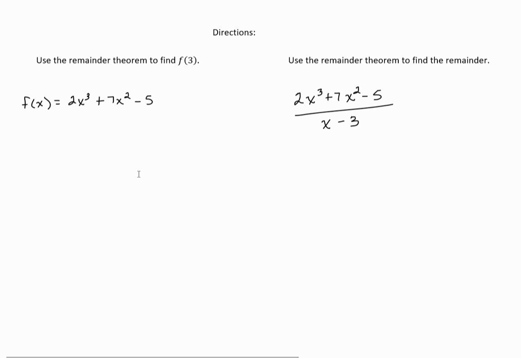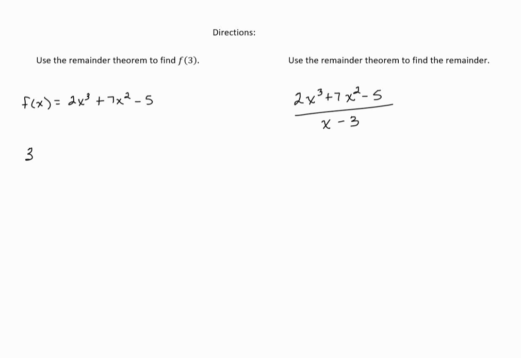Okay, so let's look at a couple of examples. Over here on the left, the problem says to use the remainder theorem to find f of 3. So here I have my function value, and this is saying that I can divide this polynomial, and whatever my remainder is going to be the same value as f of 3.